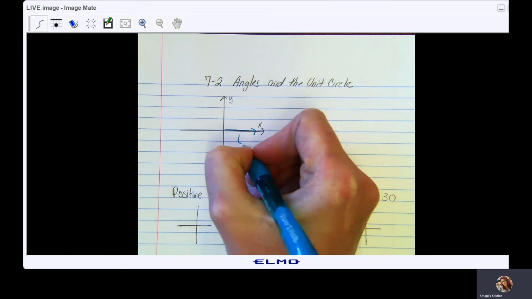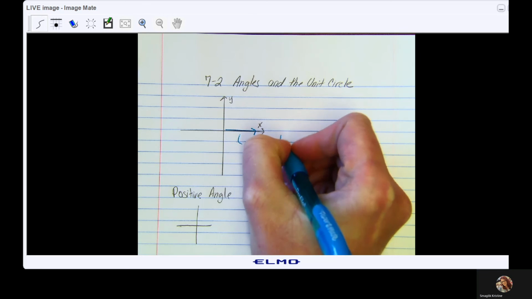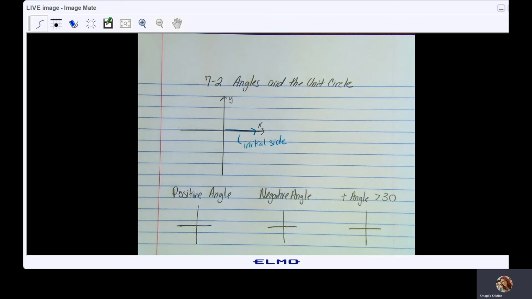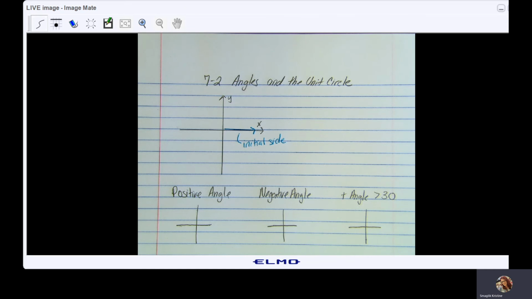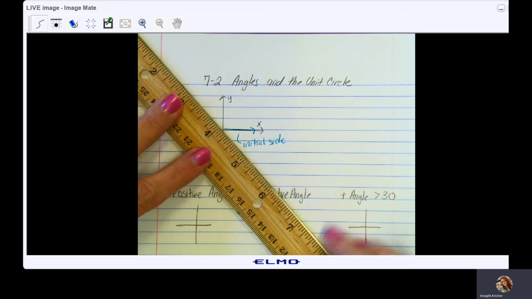So this is the initial side. And then the other ray that makes the angle is called the terminal side, or the terminal ray. And I'm going to put it right here in quadrant 2.